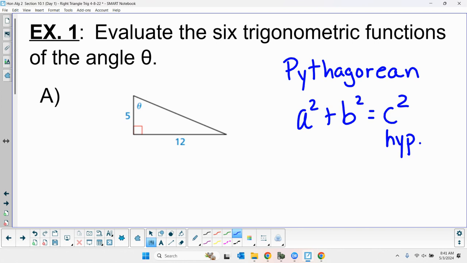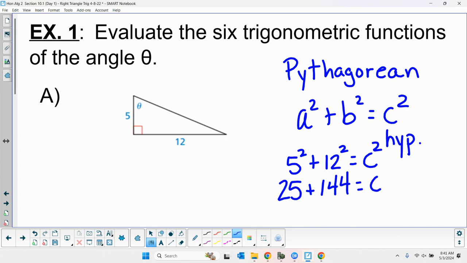So if you're talking about right triangles, the 5 and the 12 are the legs, and that long side there is the hypotenuse. Okay? So these are both the legs. So I can go 5 squared plus 12 squared equals C squared, which is 25 plus 144, which is 169.